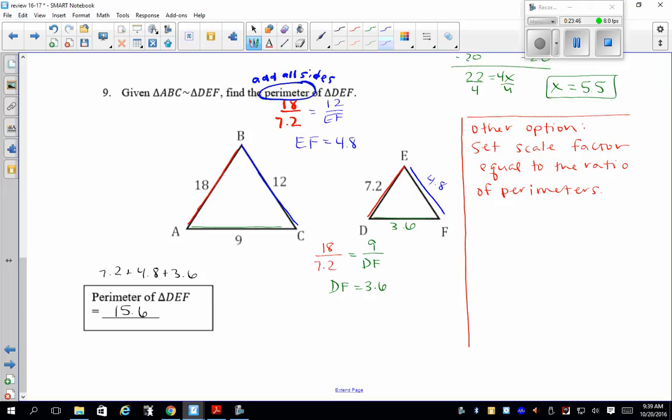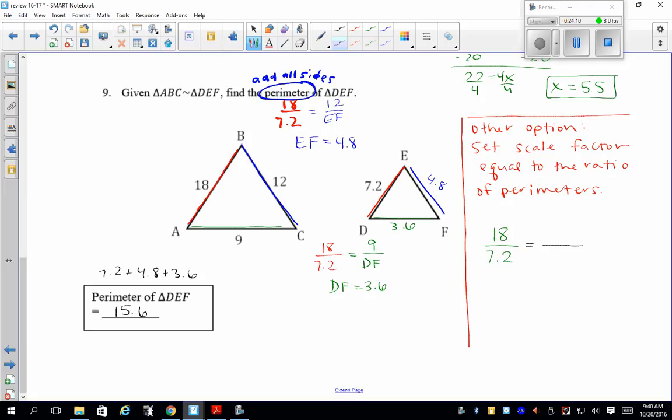So if the sides have a certain ratio, the perimeter of the two triangles is going to have the same ratio. So I'm going to take the sides that I know, which is 18 over 7.2, and I'm going to set it equal to a ratio representing the perimeters.